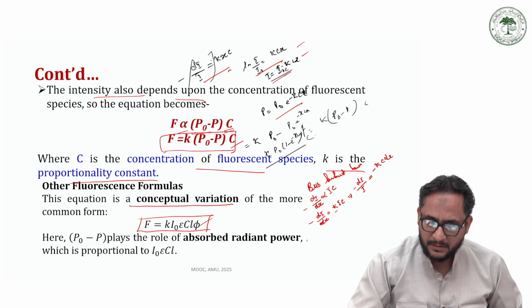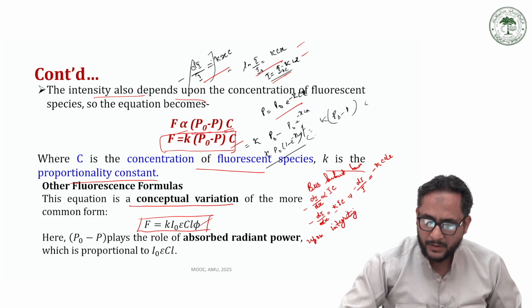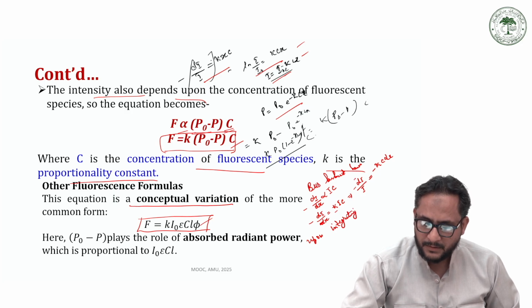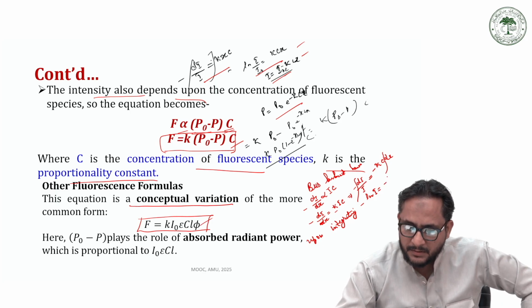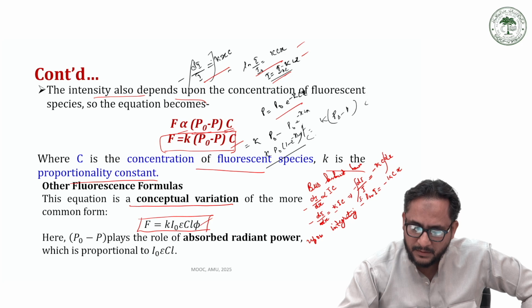Upon integrating this equation, we get minus log I equals minus k c x, and we are integrating within the limits I naught to I.